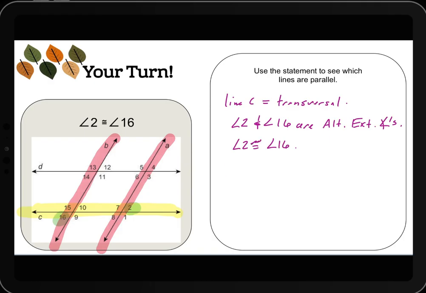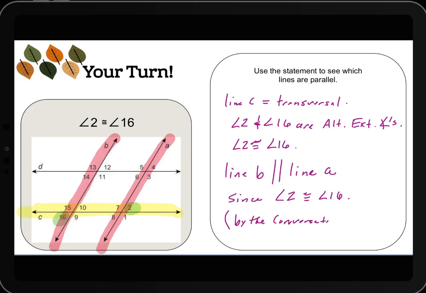So we can say that line B is parallel to line A since angle 2 is congruent to angle 16. So essentially, by the converse to the alternate exterior angle theorem. So that's me using the converse as a justification for why they are parallel lines.